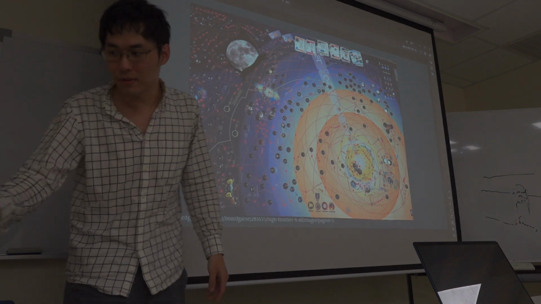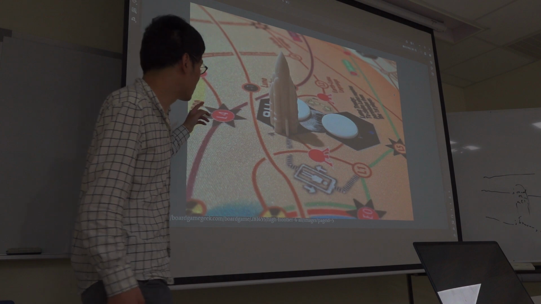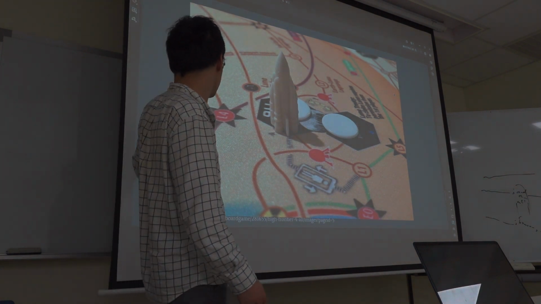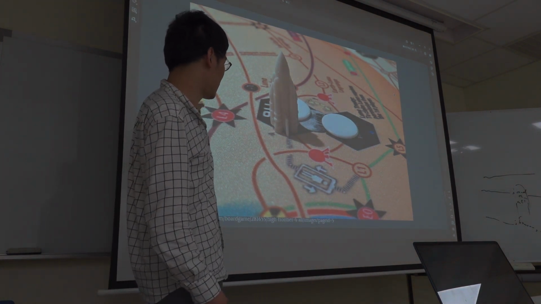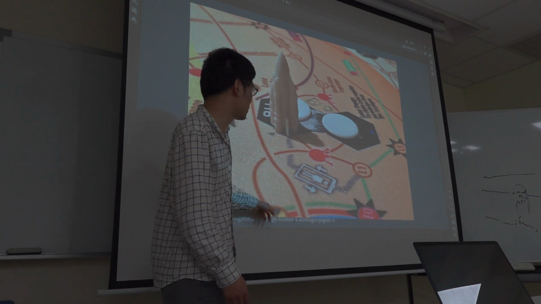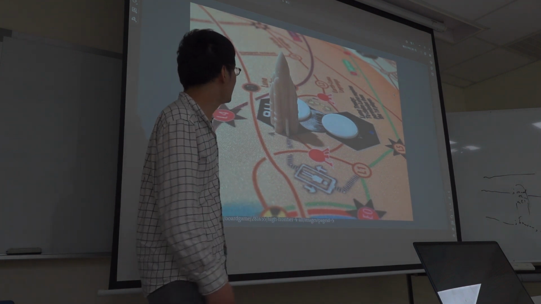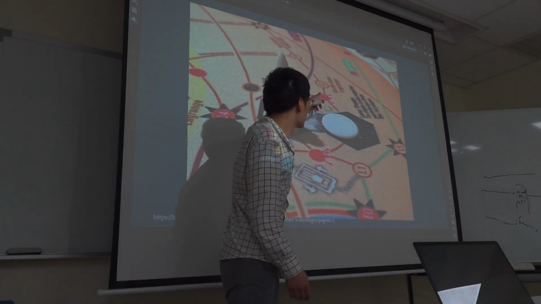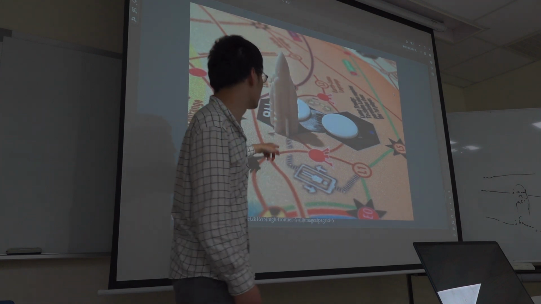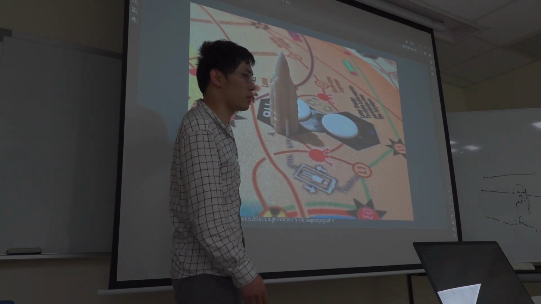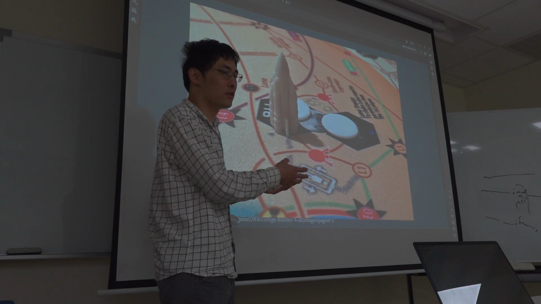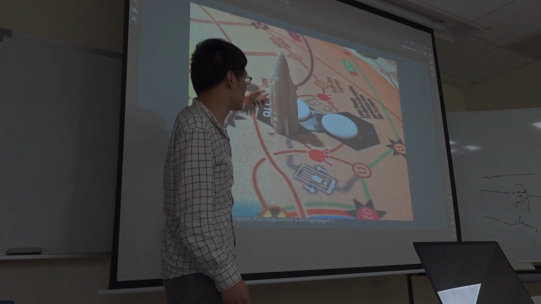This is a closer look. You can see, for example, this is like a blood point, and you can have the radiation zone. And you can see all these numbers. It means that if you want to go along this path, how much delta V you need to provide by your rocket.